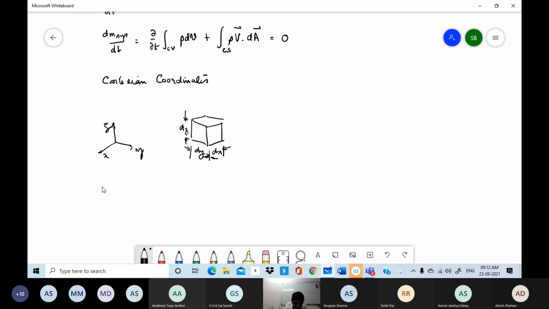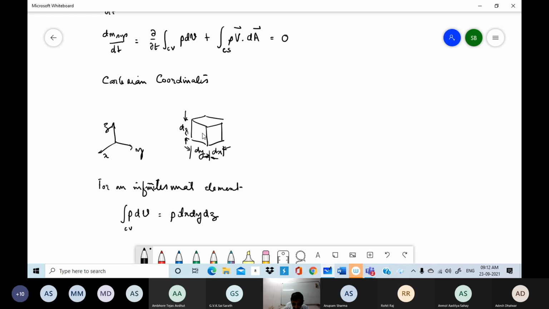So if it's a small element, in general, rho would have a Taylor expansion around the center point, but then the remaining terms, so to leading order, I would have rho.